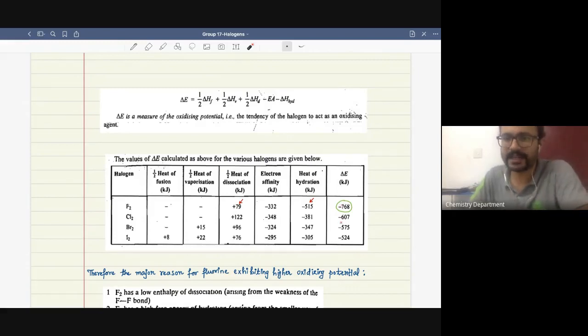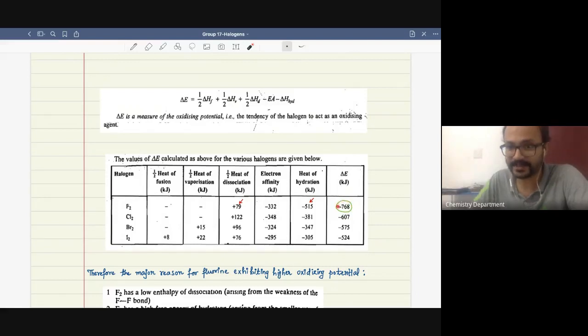Now what we find here is the highest negative delta E value is for the fluorine atom. And that gives an indication why fluorine is having a higher oxidizing ability.